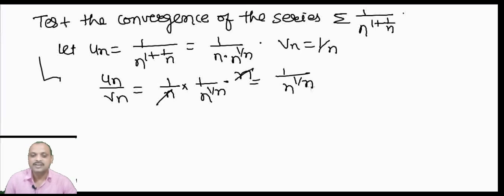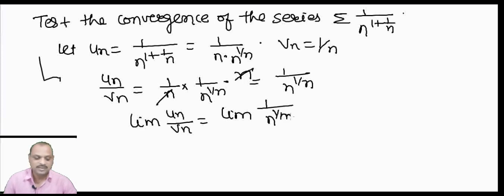Now if we take the limit of Un divided by Vn as n tends to infinity, the limit of n raised to 1 by n is 1, and you can see that summation Un and summation Vn behave alike.